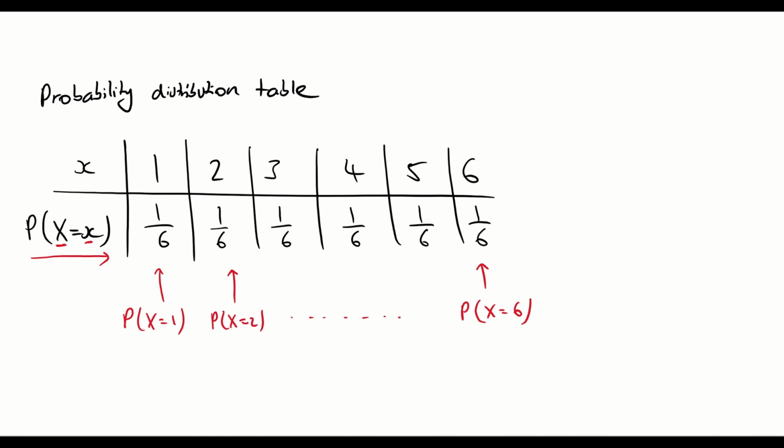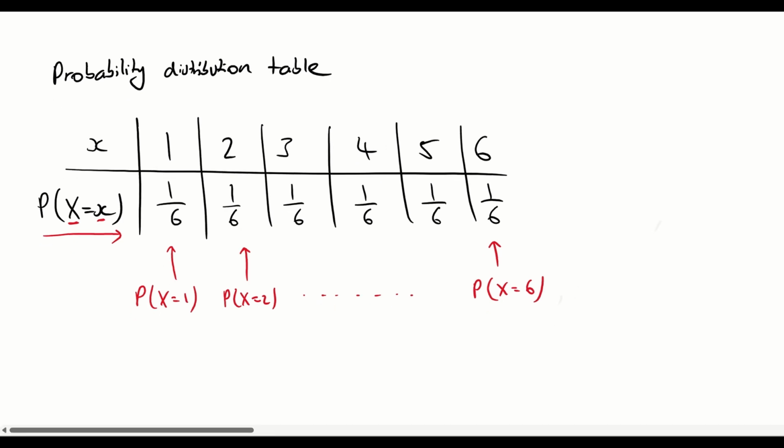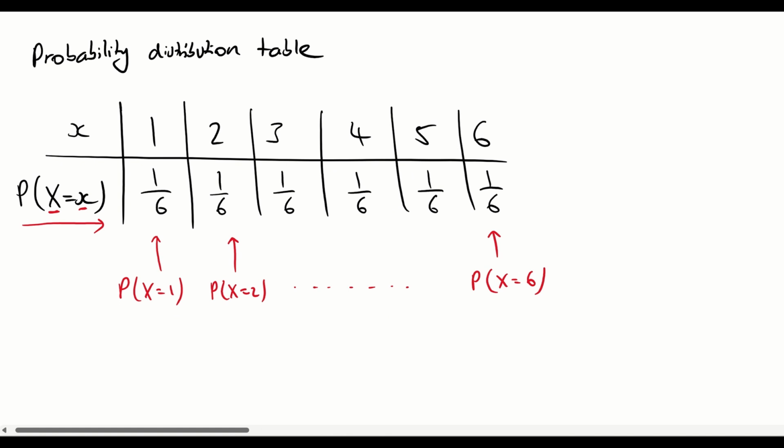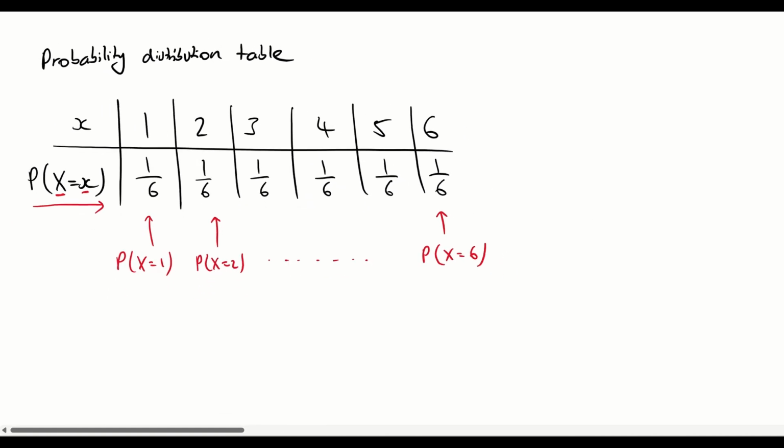In fact, we can call this thing a probability density function, and that's for 2 reasons. For a probability density function, or a PDF, there are 2 criteria to be met. The first criteria is that there's no negative probability.